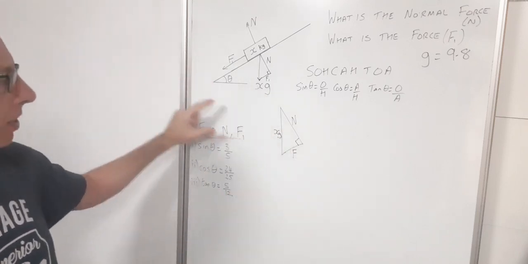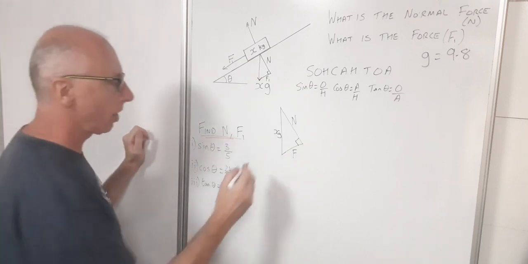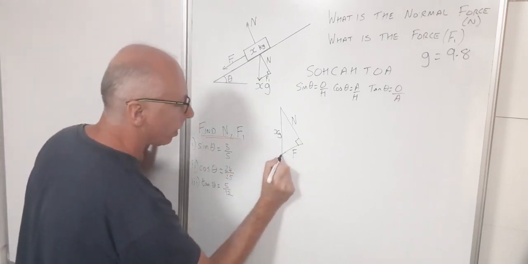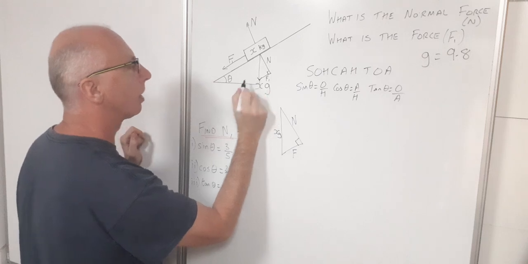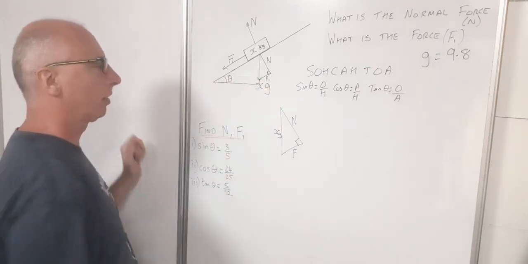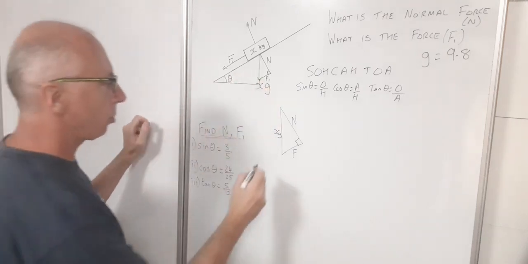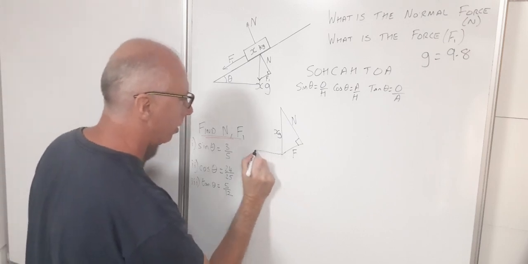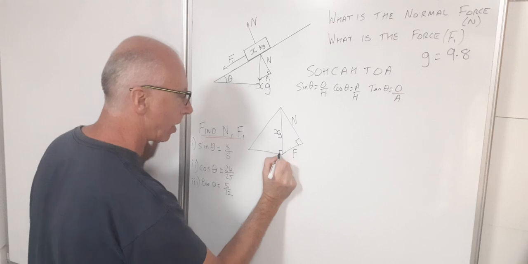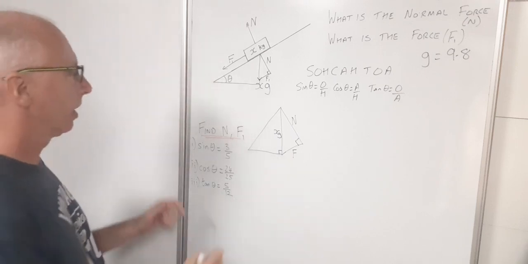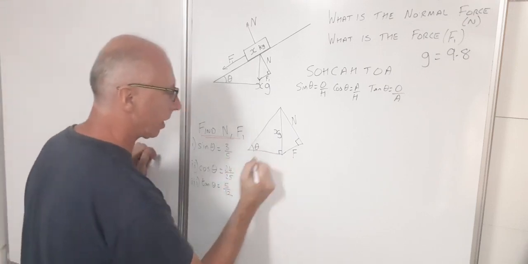Now this angle here is theta, which goes along in a straight line. So imagine we've gone on in a straight line here, and then we've got our angle theta. Let's draw that on here best we can. Let's pencil that in there. That will then be a right angle triangle again, and this angle here will be theta.